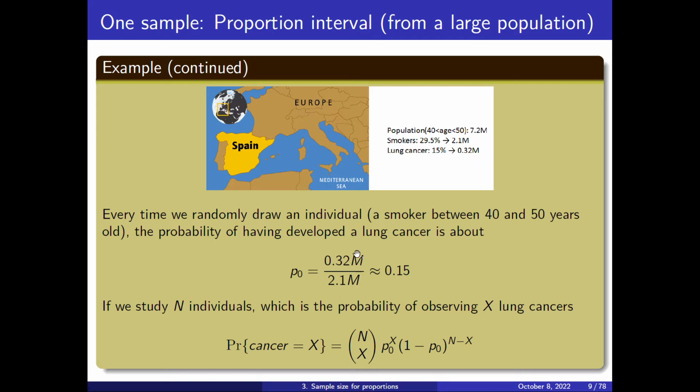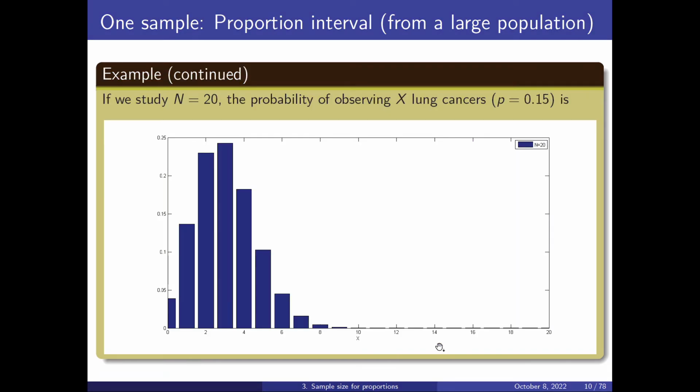If we study n individuals, the probability of observing X lung cancers is given by a binomial distribution. For instance, if we study n equal 20, the probability of observing X lung cancers when P is 15% would be distributed like this.